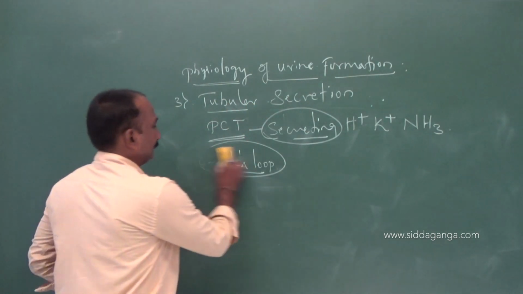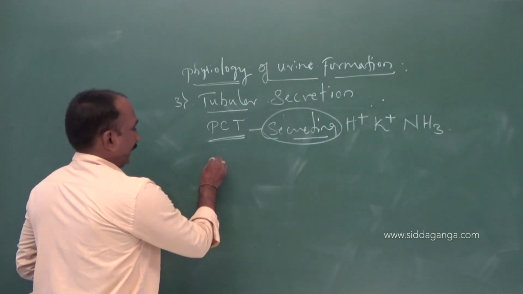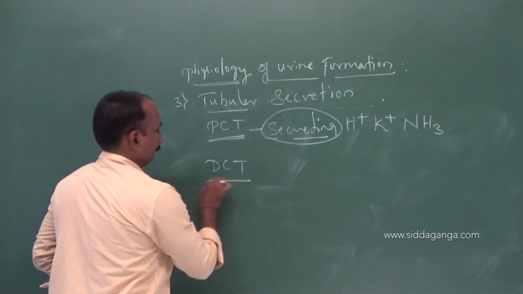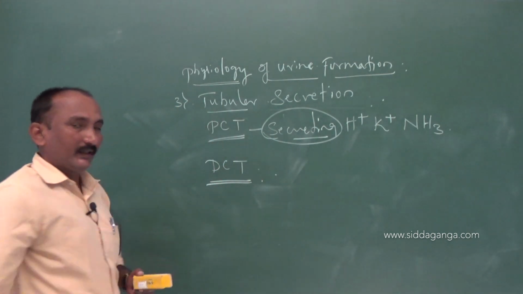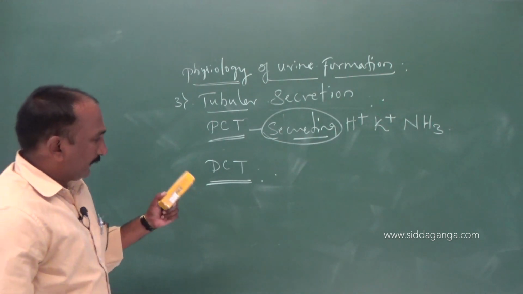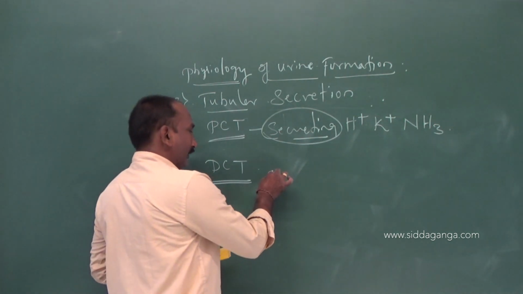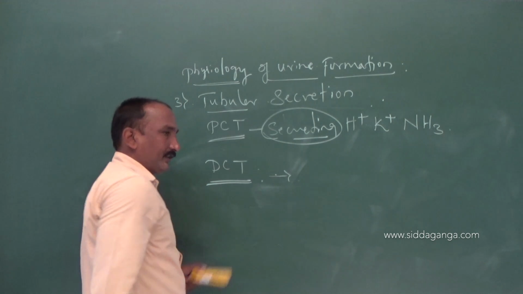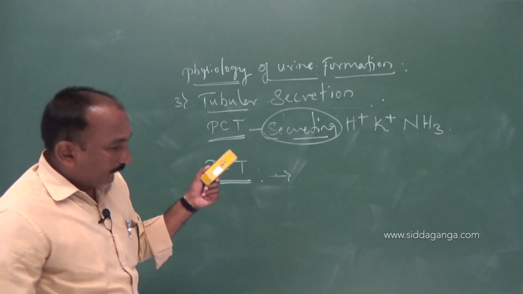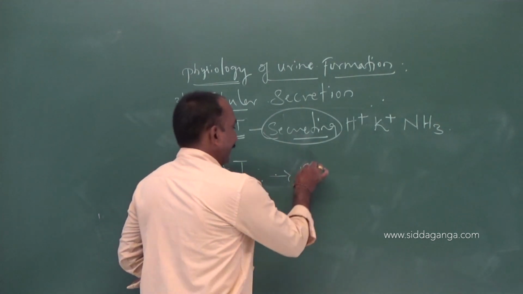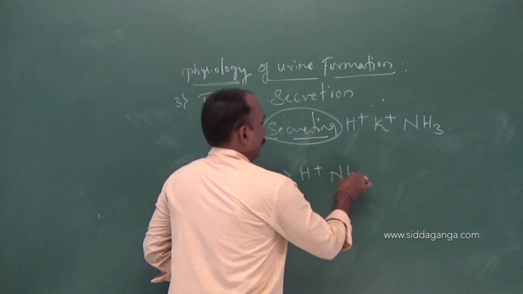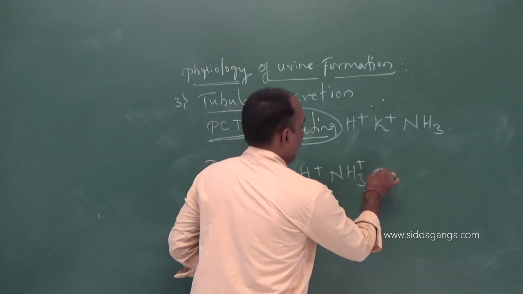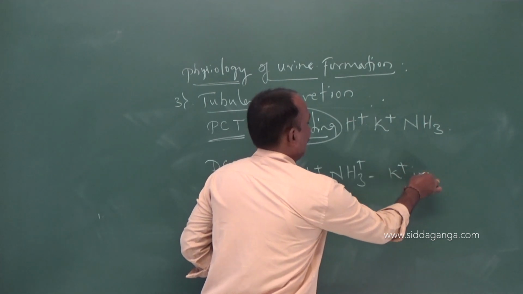Apart from this, the distal convoluted tubule is also capable of secreting H plus, ammonia as well as K plus ions.